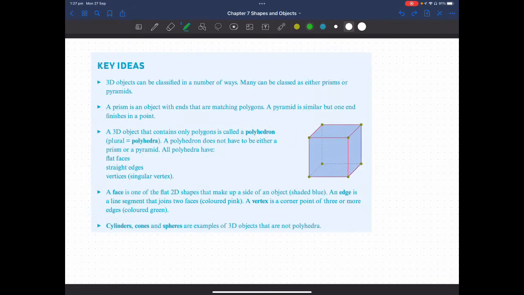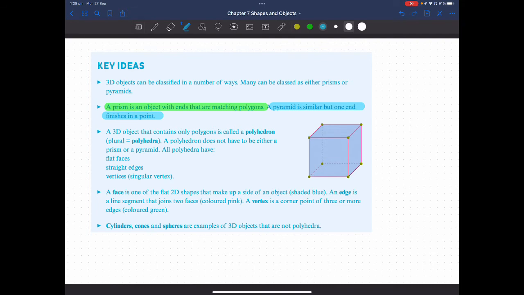So to summarize what we have just learnt, a prism is an object with ends that are matching polygons. A pyramid is similar, but one end finishes in a point. A 3D object that contains only polygons is called a polyhedron. A polyhedron does not have to be either a prism or a pyramid.